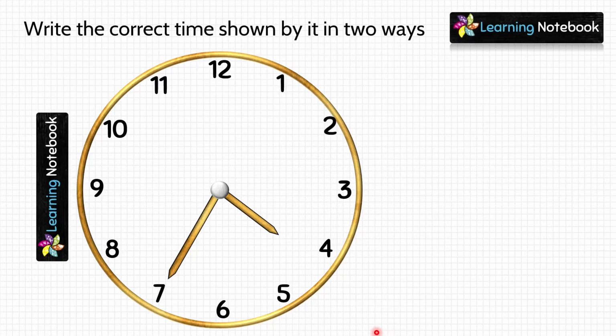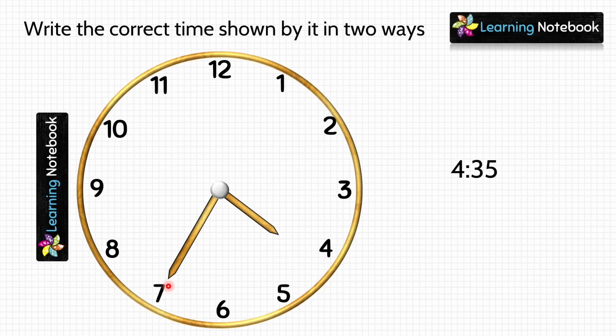Now take a look at this clock in the next question. Here, our hand is in between 4 and 5. So hour is 4 and the minute hand is on 7, which means 35 minutes have passed.